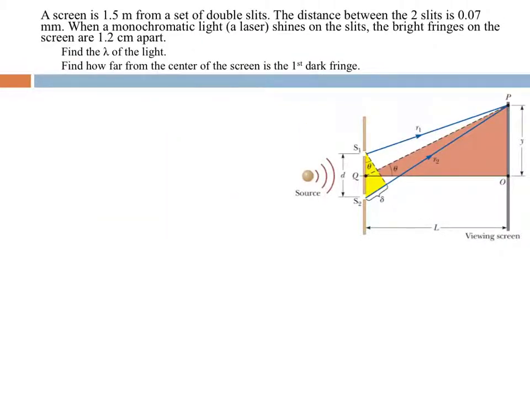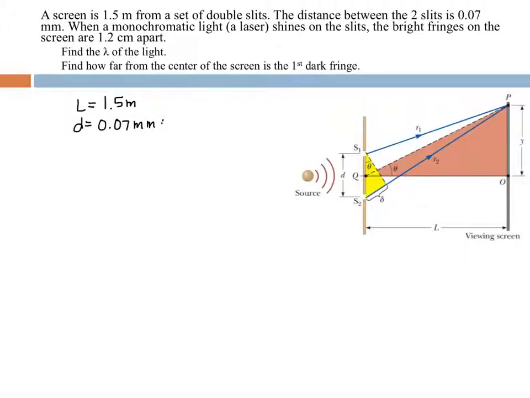So we can try an example here. It says a screen is 1.5 meters from a set of double slits, so that L is equal to 1.5 meters. The distance between the two slits is 0.07 millimeters, so that's d.